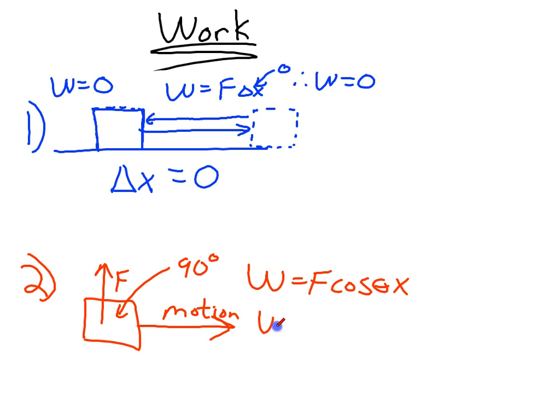That's fine. But the work would also be based off the angle, which is 90 degrees. And cosine of 90 degrees is 0. So those are two situations where no work's involved. And that's a typical test question I ask. What are two situations? Everybody can normally give me the first one. It's the second one where people get hung up.